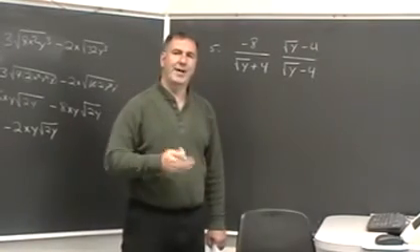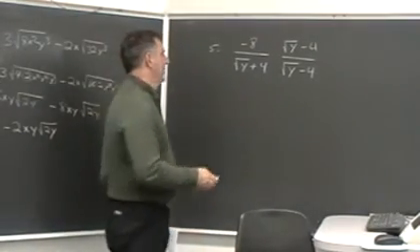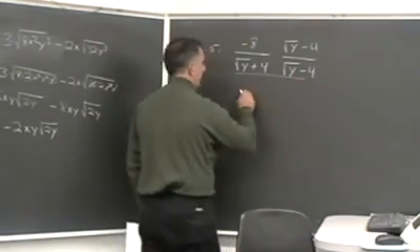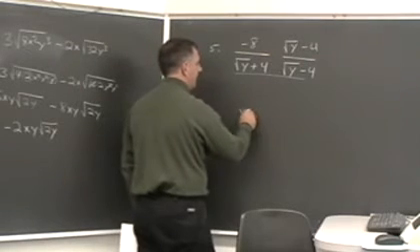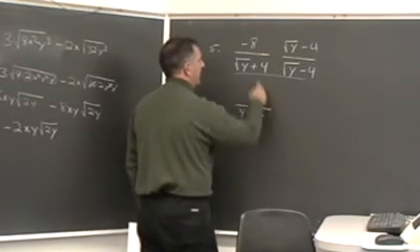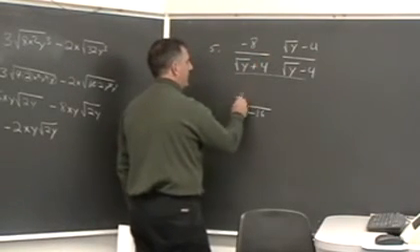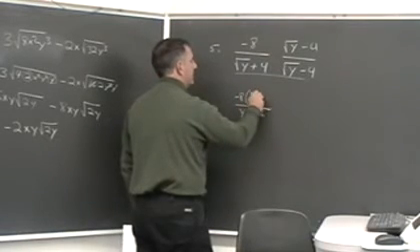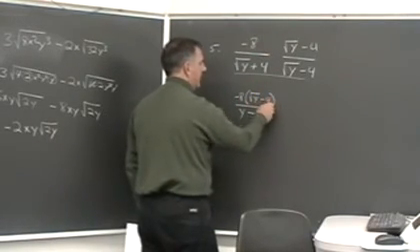Multiplying both top and bottom will not change the answer, but when I multiply here, what I'll end up with is y minus 16. And in the numerator, what you end up with is minus 8 times square root of y minus 4.